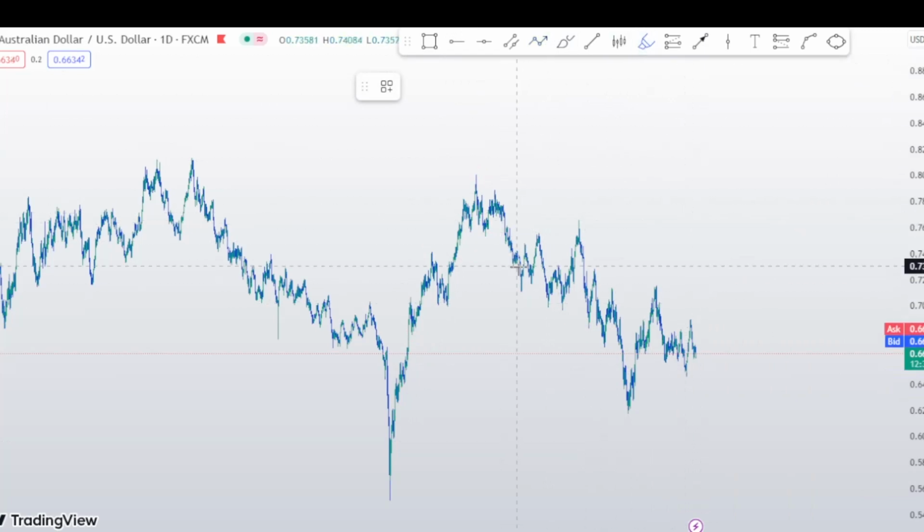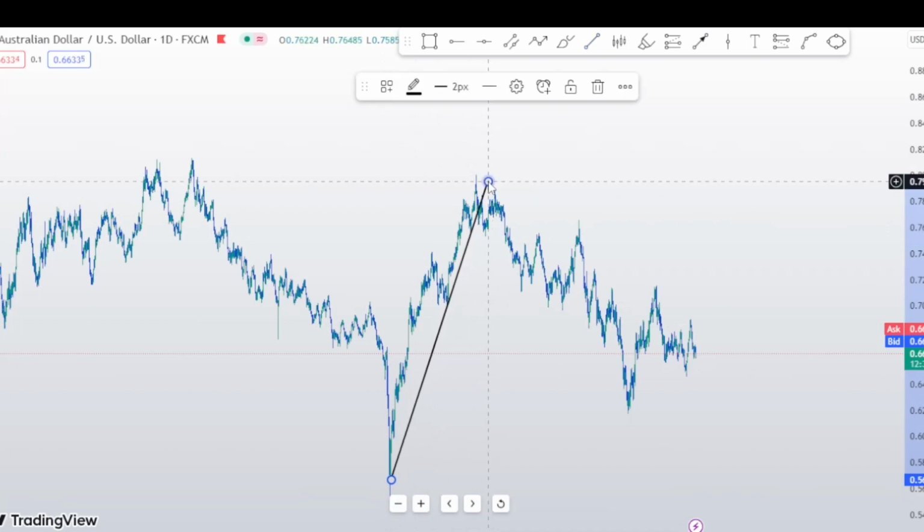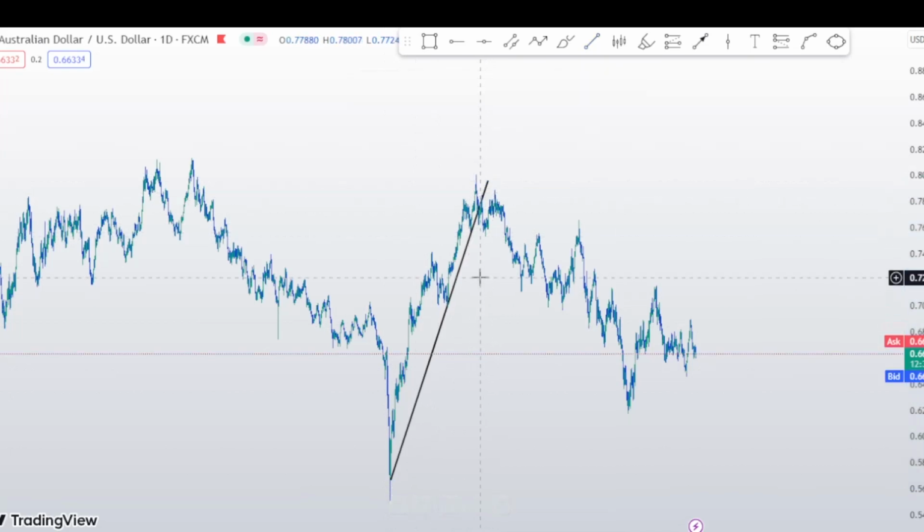Okay, so as you can see here, the market has been going down. The difference here on the trend line is when the market is going up, we want to put our trend line below. That's very important for you as a trader to know.